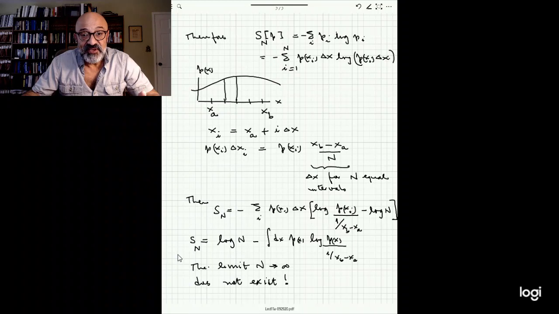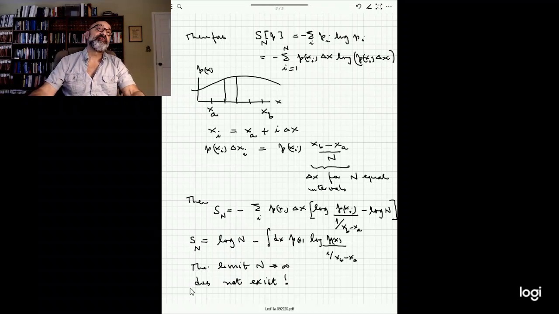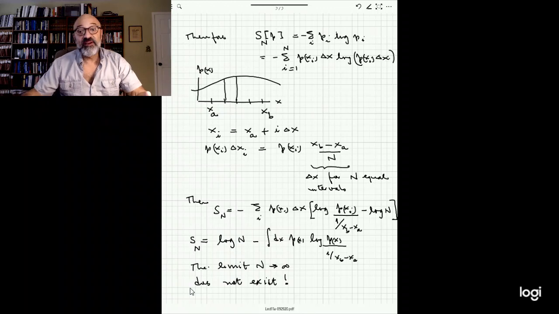So in principle, you cannot write a Shannon entropy for a continuous distribution. Now, is this unexpected? Is this a surprise? Well, in a sense, it's not.